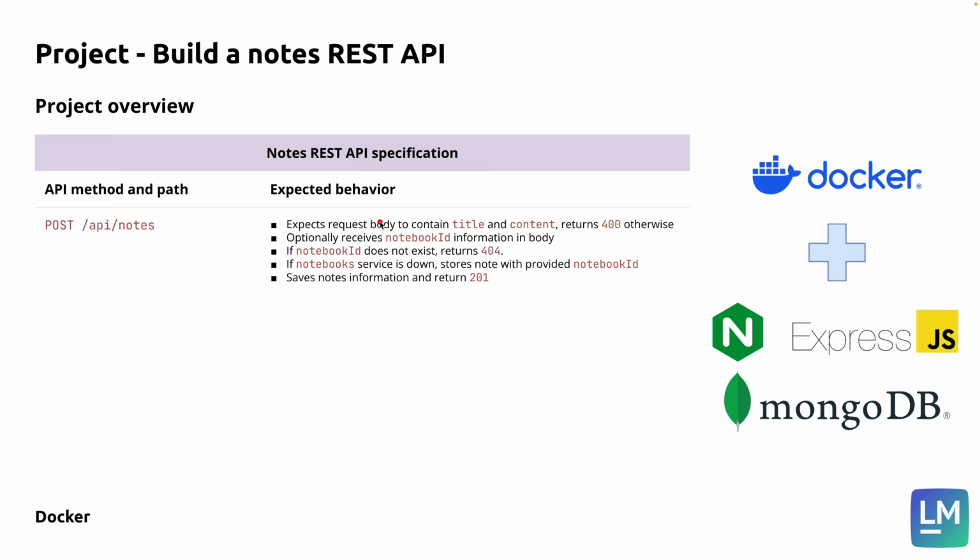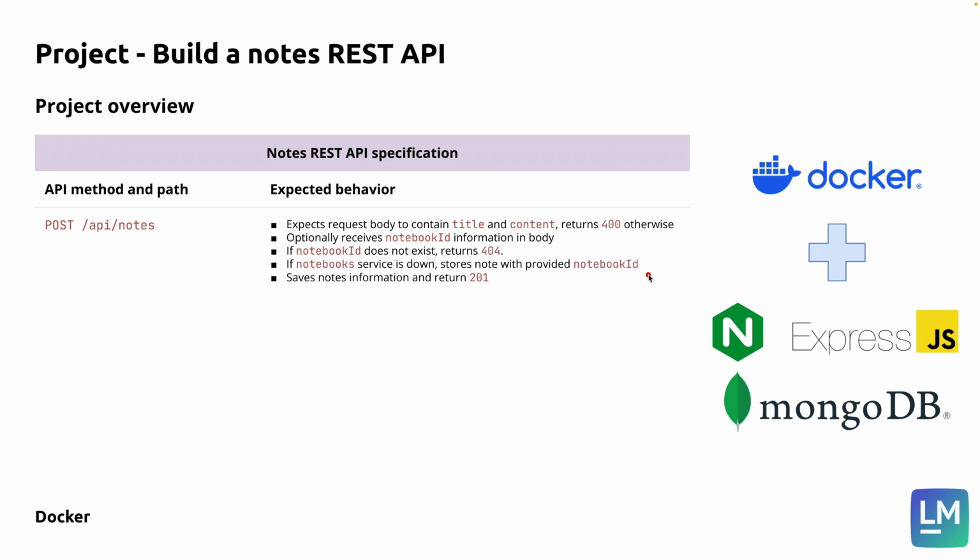We can also optionally receive a notebook ID in the body, and if the notebook ID does not exist, we should return a 404, and if the notebook's service is down, we should store our note with the provided notebook ID, and we will discuss also in the lectures what we could potentially do to actually validate this notebook ID after the fact. So basically we will just store this, and then we will discuss several approaches we could take.